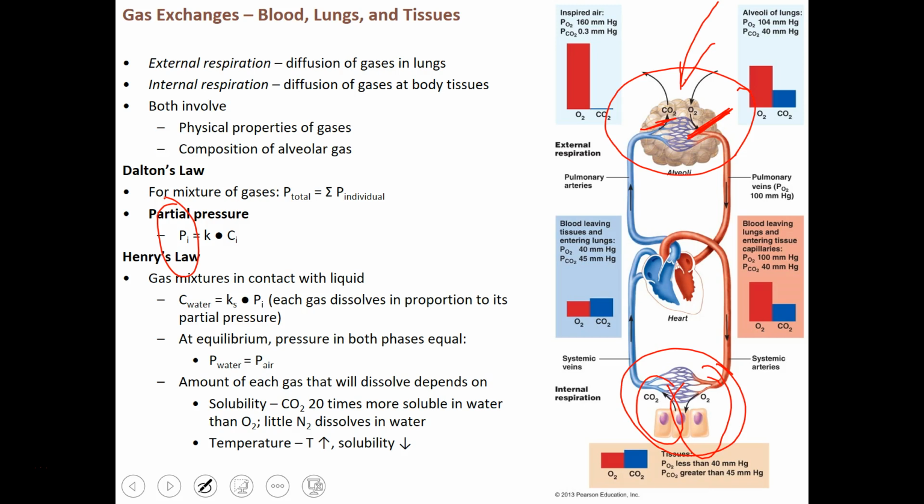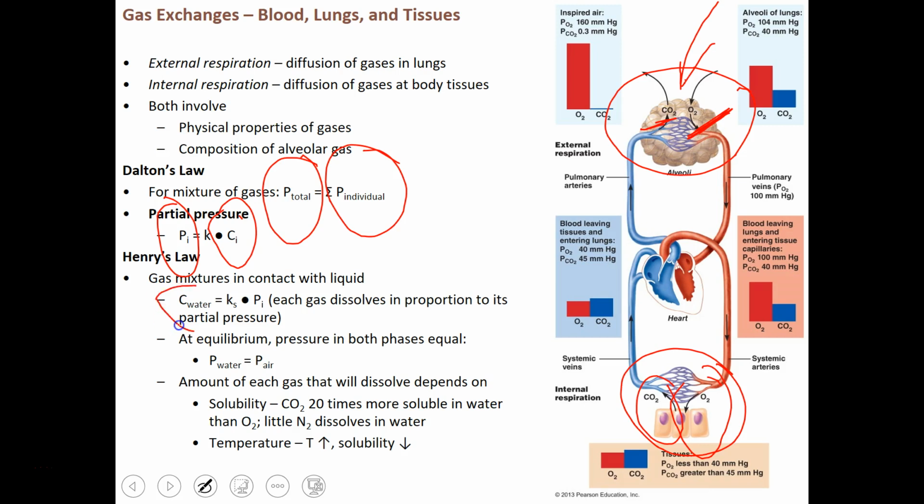And Dalton's law says that the total pressure of the gas mixture is the sum of partial pressures of gases that compose that mixture. And the partial pressure is proportionate to the concentration of gas in the mixture, the share of it.